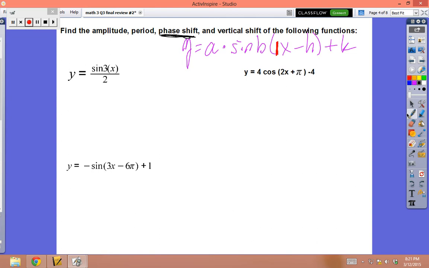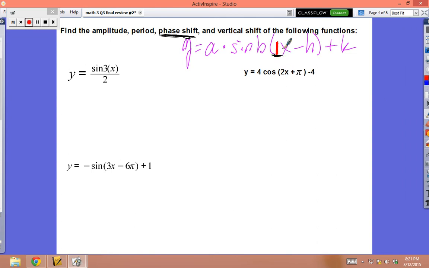So my next one is not quite ready to look at because my number in front of x is not 1. So this number right here, I need to factor out. So I need to divide both of these by 2.